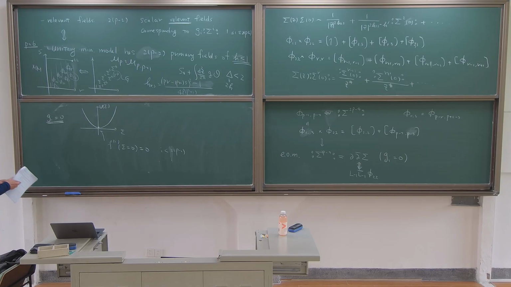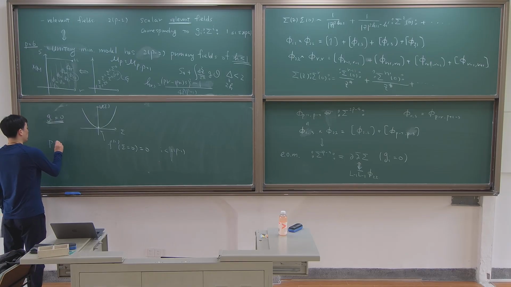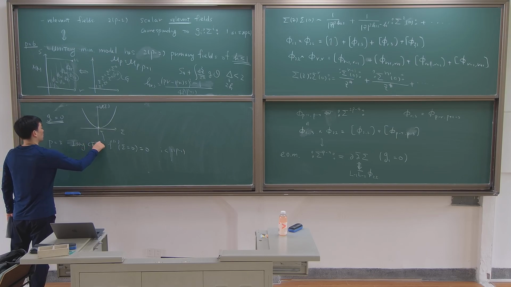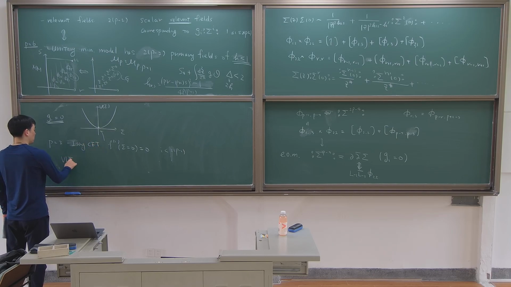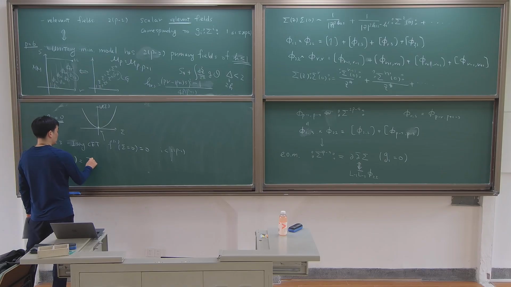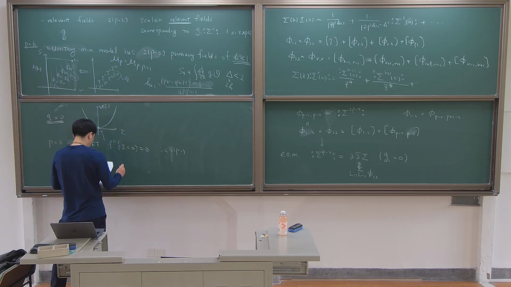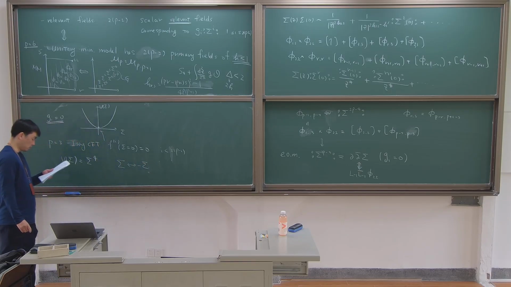So in the case, for instance, when p equal to 3, this is an Ising model. This is called Ising CFT. So in this case, this is the sigma to the fourth theory. Okay, and then this one has the Z2 symmetry, sigma goes to minus sigma.